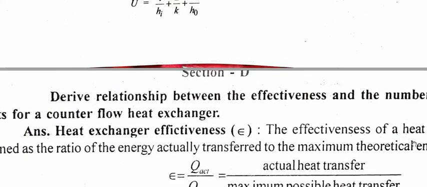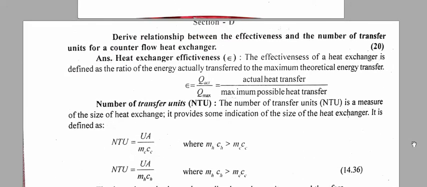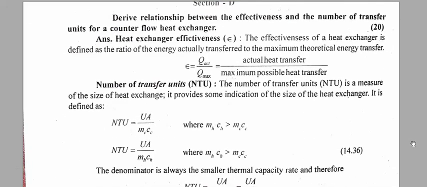Next we have the parallel flow and the counter flow. This question generally comes in the question paper: derive the relation between the effectiveness and the number of transfer units for the counter flow.